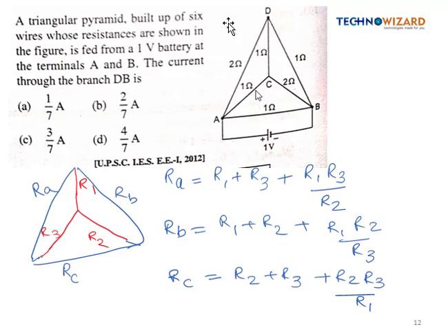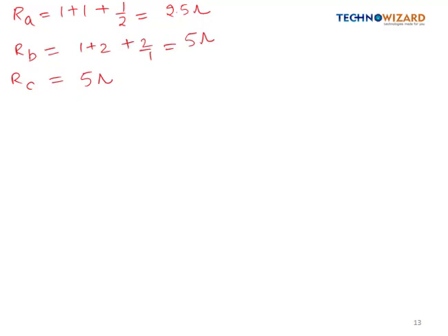Okay, so basically I have converted this star into delta. So now our circuit will become like this, right? Because I have converted this star into delta. So I will draw the circuit here.